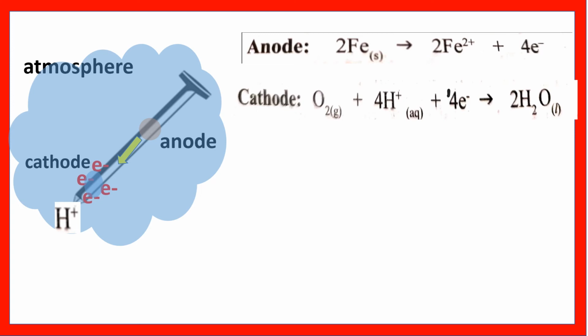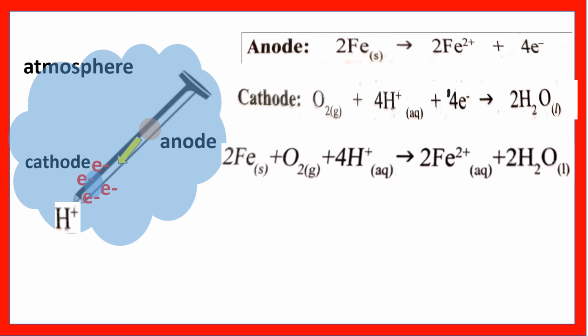Because of this water on the metal, taking this oxygen and hydrogen ions, the metal is transformed into ferrous ions.